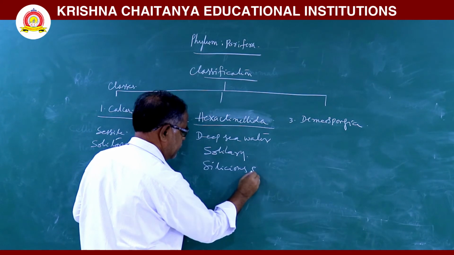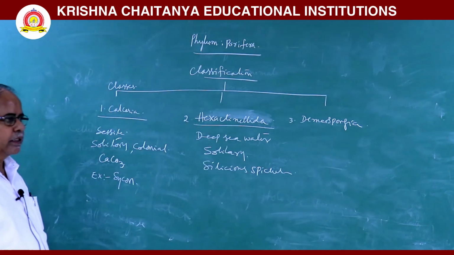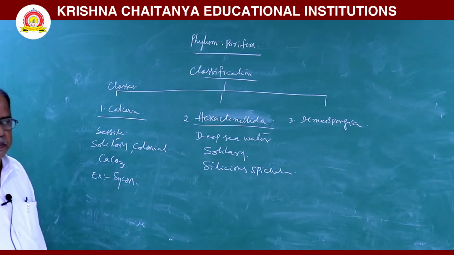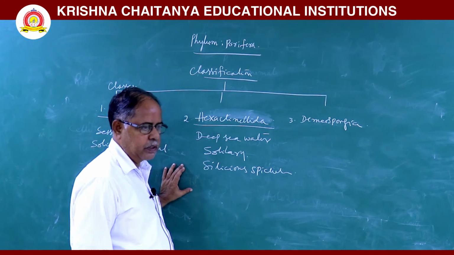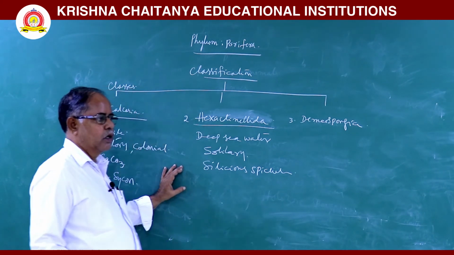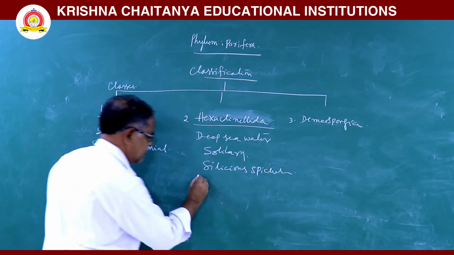Siliceous spicules are there. They are six-rayed spicules. These animals look like glass. That's why these are called glass sponges.